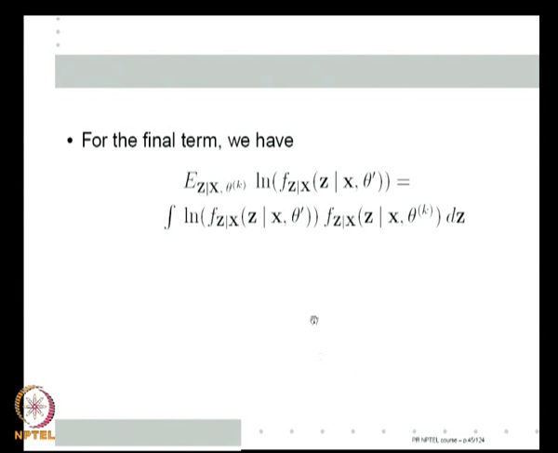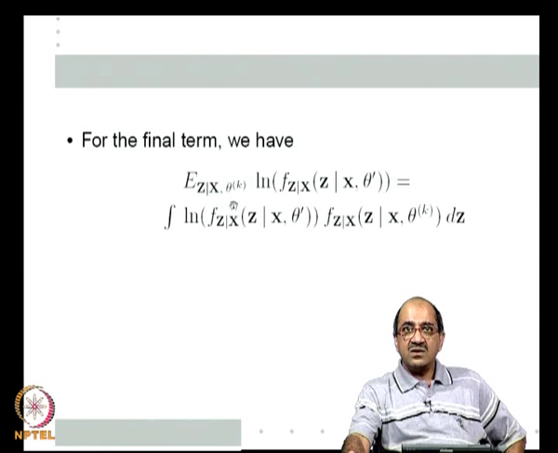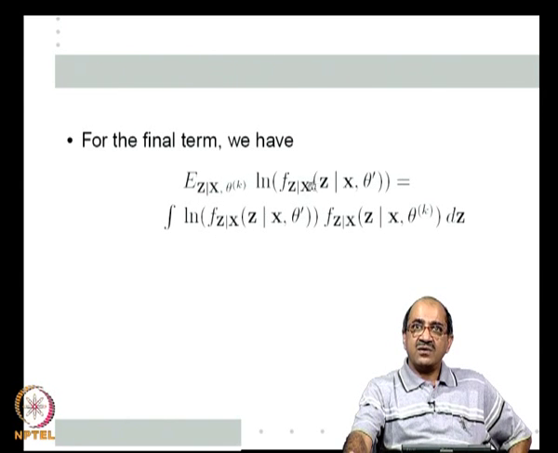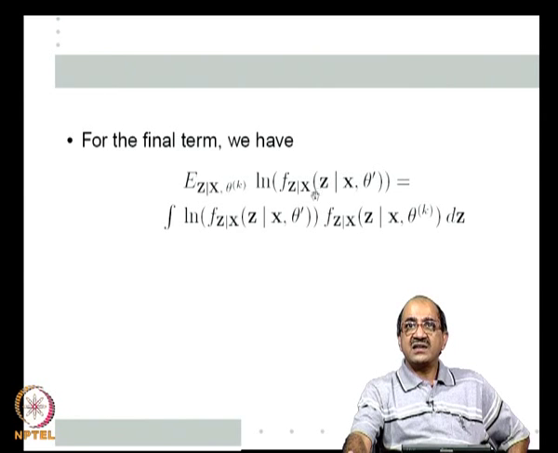For the final term, I want the conditional expectation of ln f of z given x, theta prime. I have to take the conditional expectation of this quantity with respect to the density written here. So, it will be the integral of ln f of z given x, theta prime, and the density is f of z given x, theta k, with respect to dz.